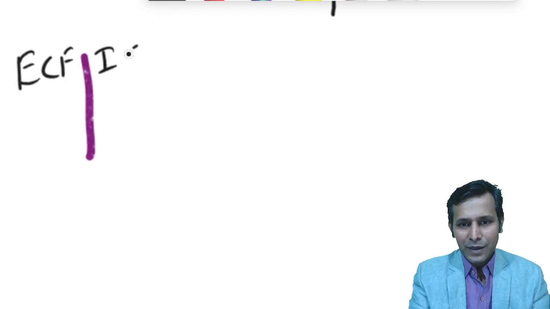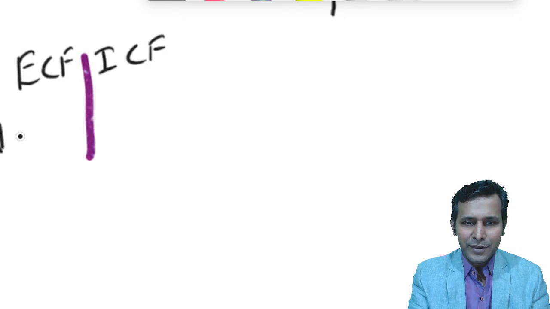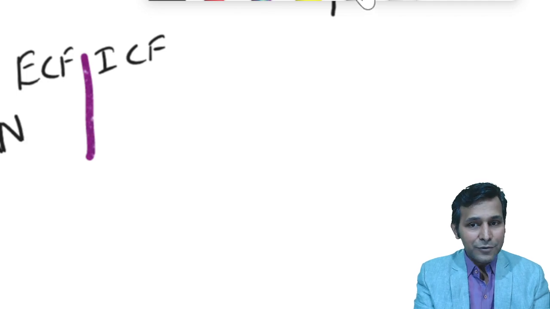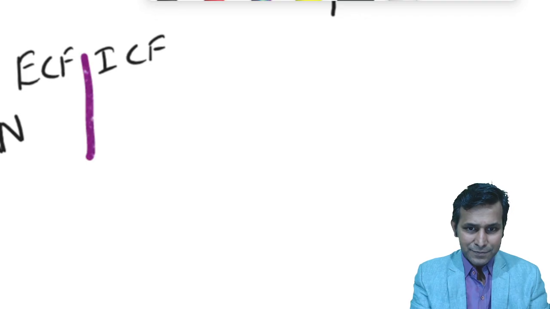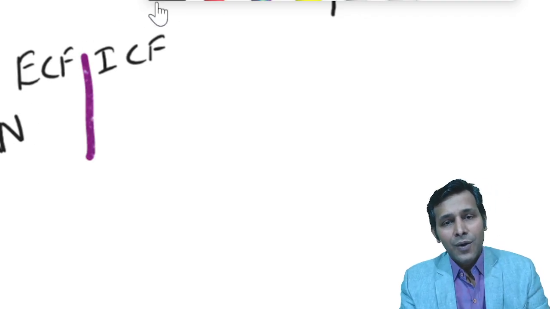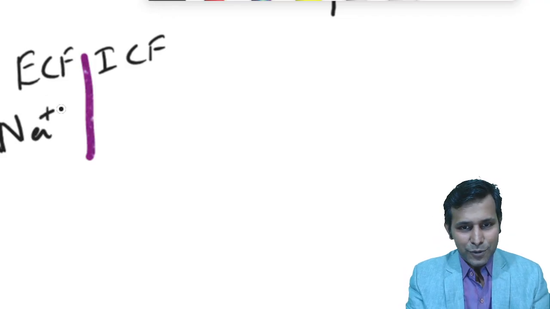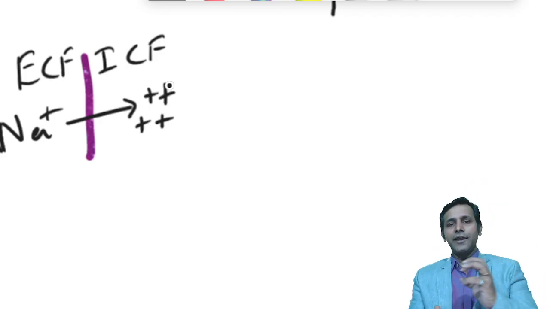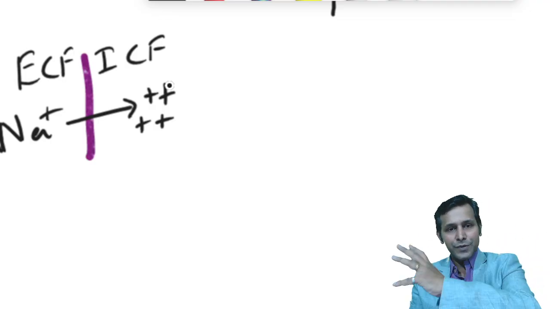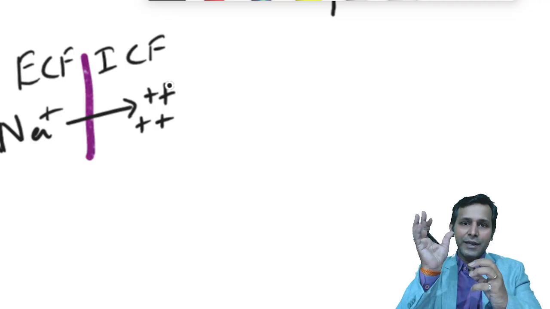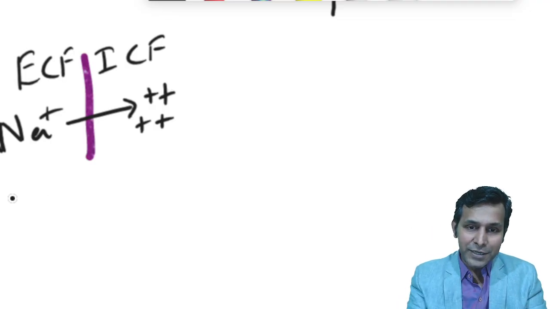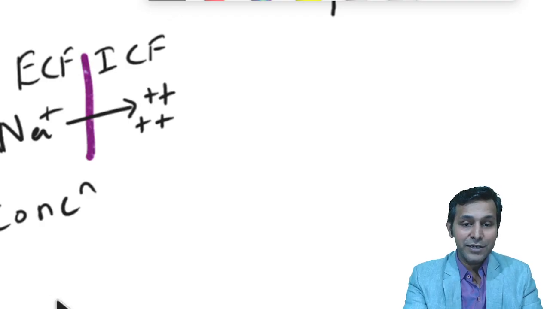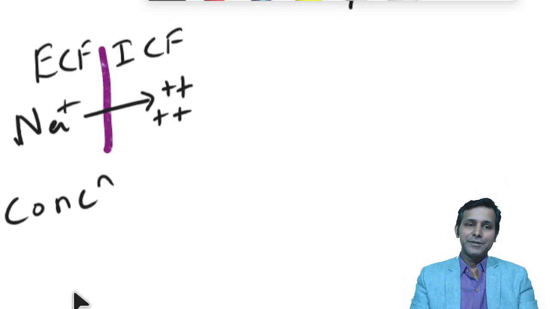So when sodium ion is moving from ECF to ICF, what charge is it going to bring inside? Positive. Now let us imagine only sodium ion is moving from outside to inside. And what charge is developing inside? Positive. So by concentration gradient, yes, it's going to move from outside to inside.